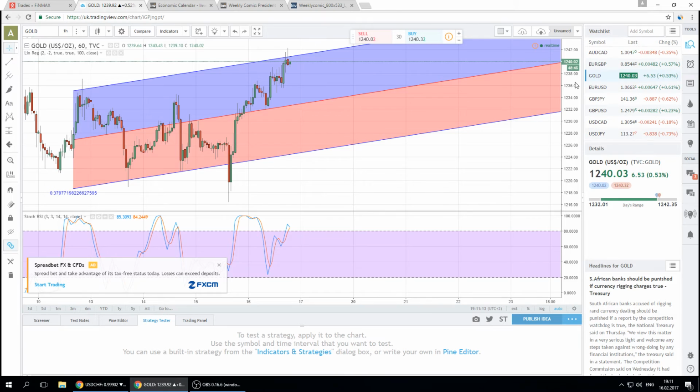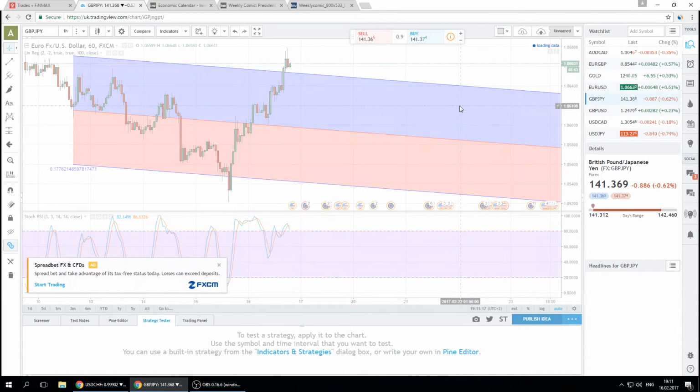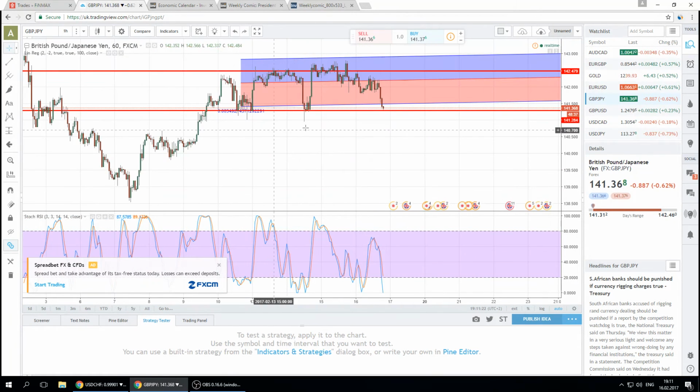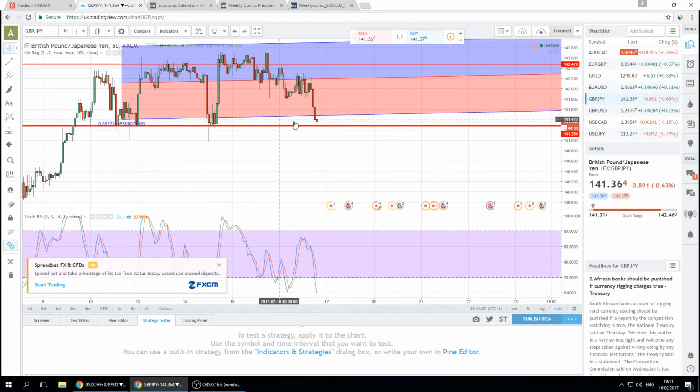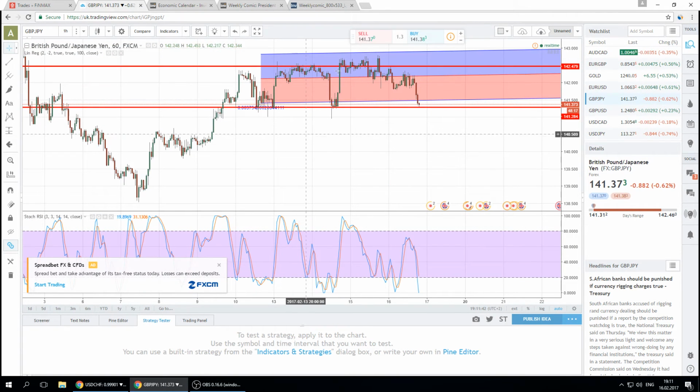Gold. Okay, so Euro USD, British pound. As I told you before, you can see here that the price for British pound has reached its support level, almost touched it, reflected from it, and now it continues to move in the corridor.